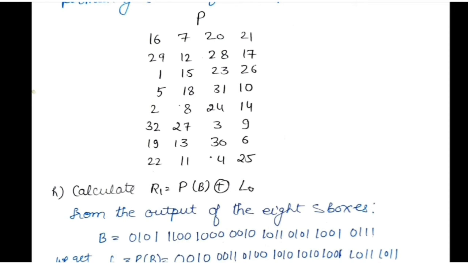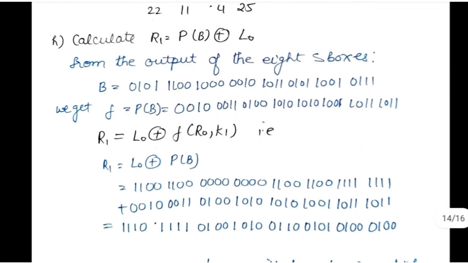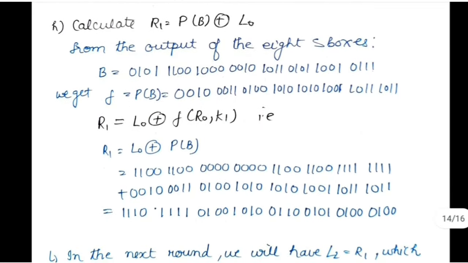Next we will calculate the value of R1, that is PB XORed with L0. From the output of the 8 S boxes we have already calculated the value B, and after applying the previous P table we have calculated the F function PB, which is something like this. And now we will calculate the value of R1, that is L0 plus F(R0, K1).